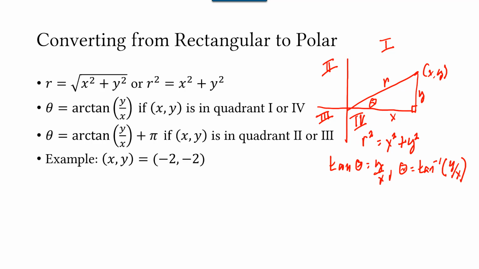Here's an example of when we would have to do that. Let's convert the point minus 2, minus 2 to its polar form. So minus 2, minus 2 would put me in the third quadrant.